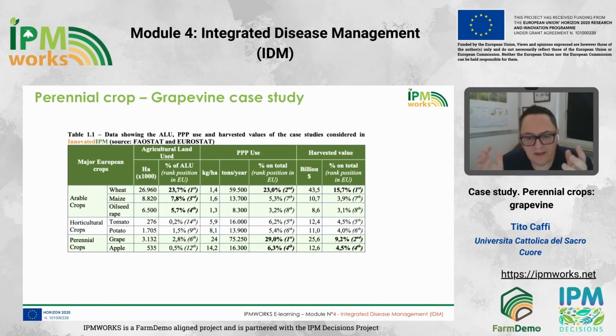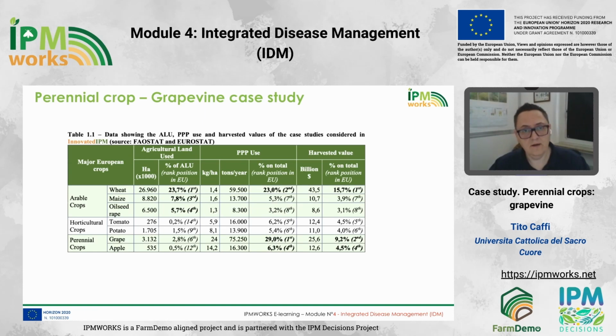As we already mentioned, and as you probably already know, grapevine is a widely grown crop all across Europe. We have a little bit more than 3 million hectares around Europe that are cultivated with vineyard.